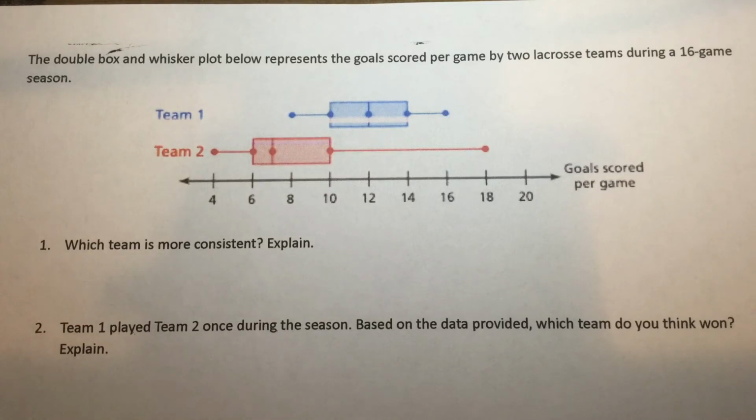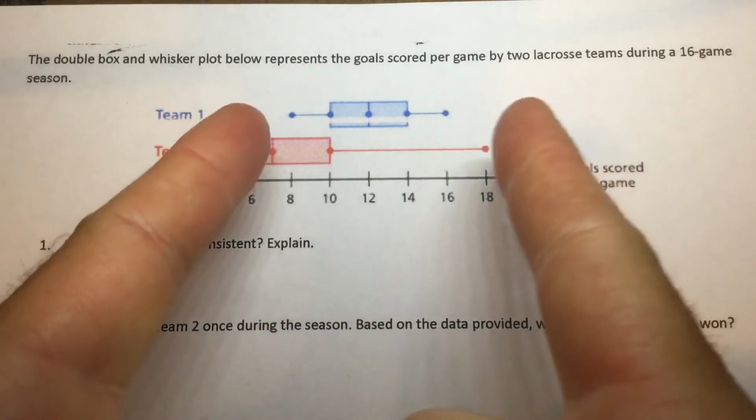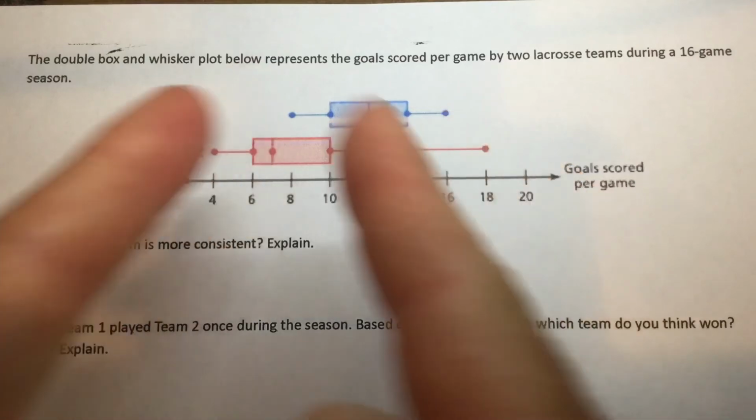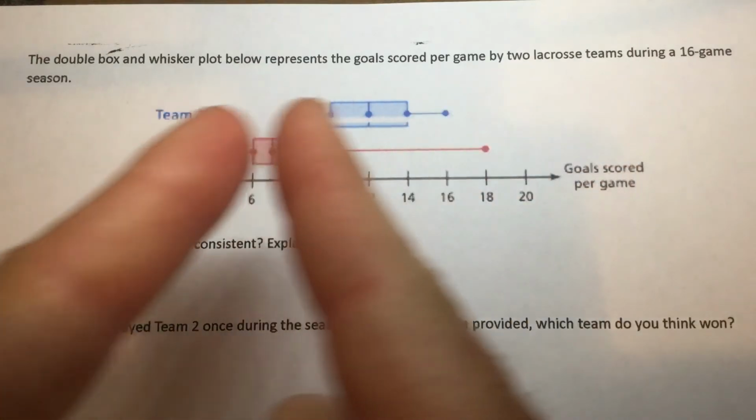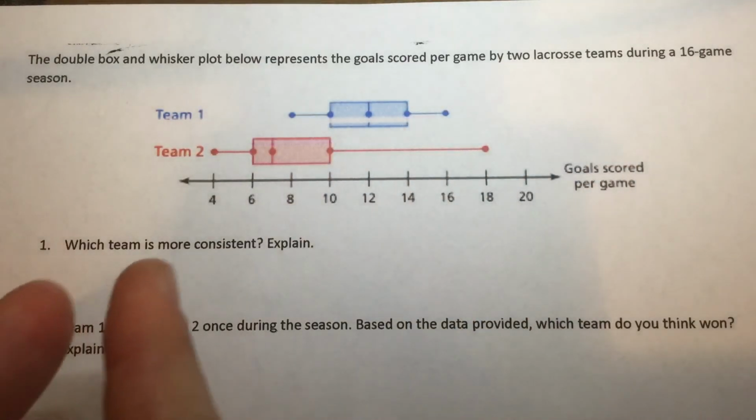So if you just ask these questions here, I think box and whisker plot makes a lot of sense. Like, which team is more consistent? Well, looking at this, the team that's more balanced, right? They have a shorter box and whisker plot to begin with, Team 1, and the number of goals they scored in all those games were much more spread out than Team 2.